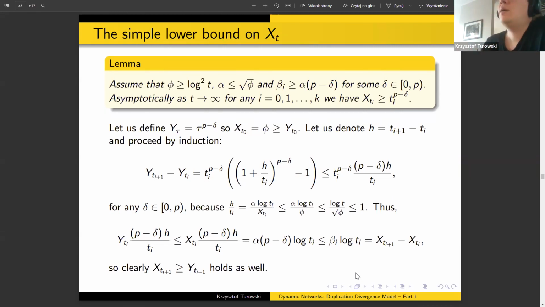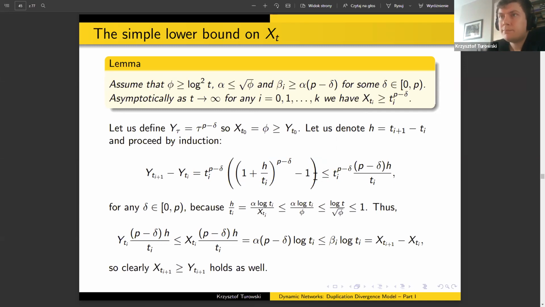For example, here we use the fact that 1 plus some small value to the power x can be bounded from above by this small value times this exponent plus 1. So actually we bound this whole formula.